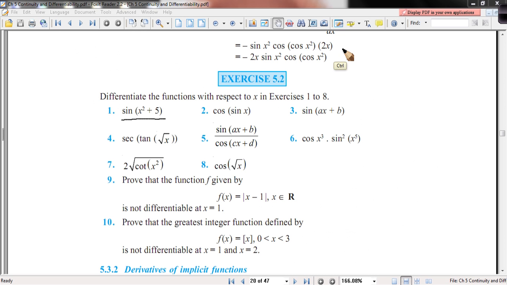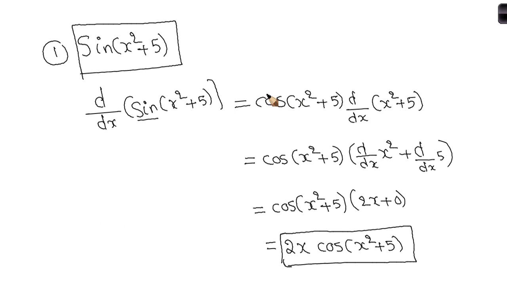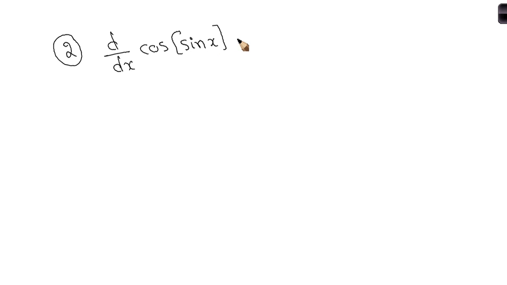Okay, now see the second question. What is the second question? I need to find the derivative of cos of sin x. What is the derivative of cos x?